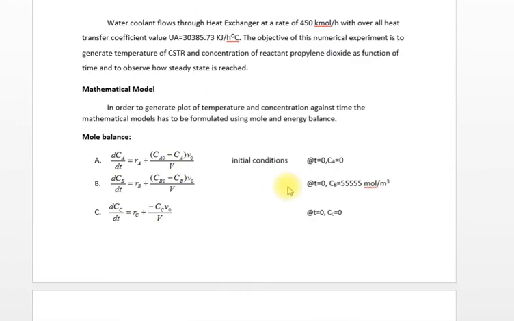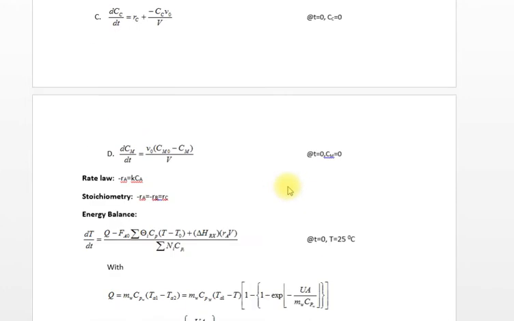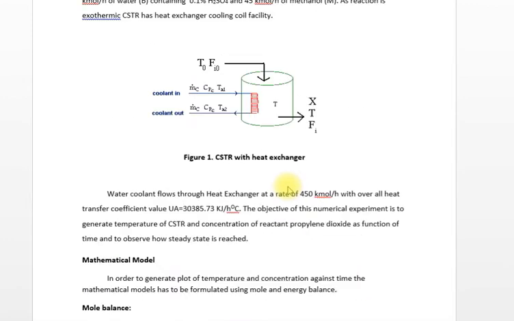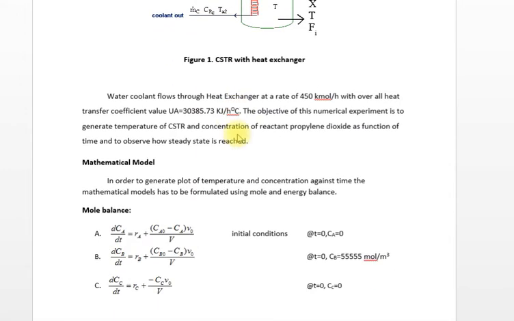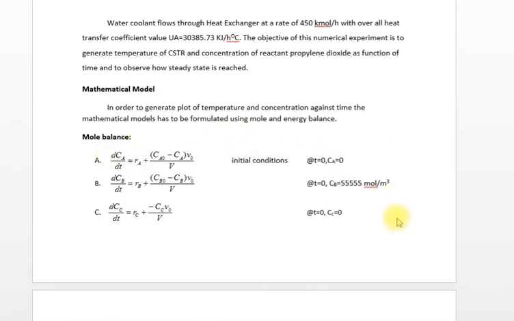This is the reactor. Initially, to simulate this, the reactor is filled with water. Then we add water again and the ethylene oxide. So this is unsteady state. We have all the unsteady state models here with the initial conditions.